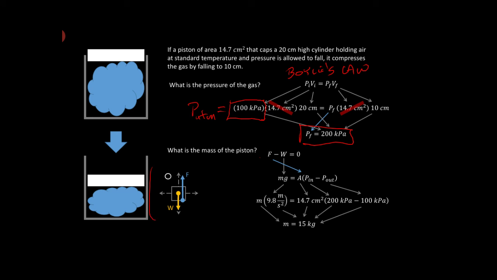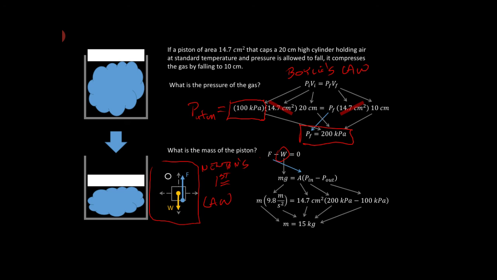Here we had to draw out the mass of the piston because we're using Newton's first law. They're still applicable, those laws. And then we had to just use the definitions of each thing. So we had the weight is equal to mg. The force from the pressure is equal to A delta P, the difference between the pressure inside and out.